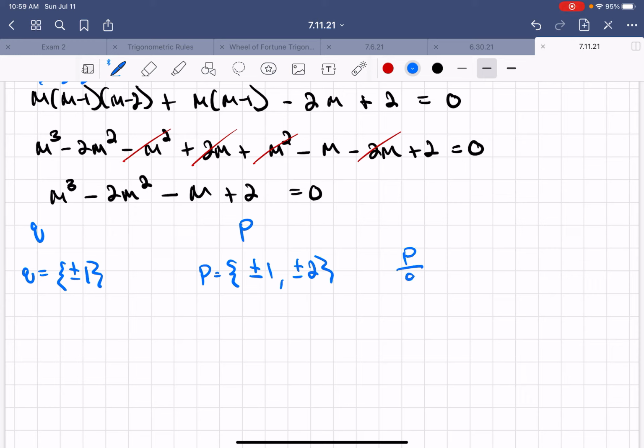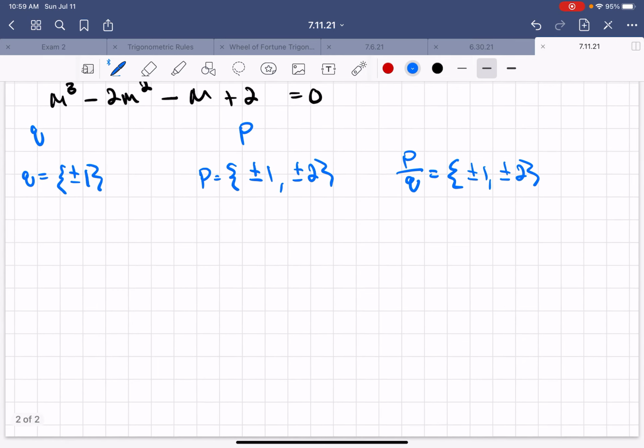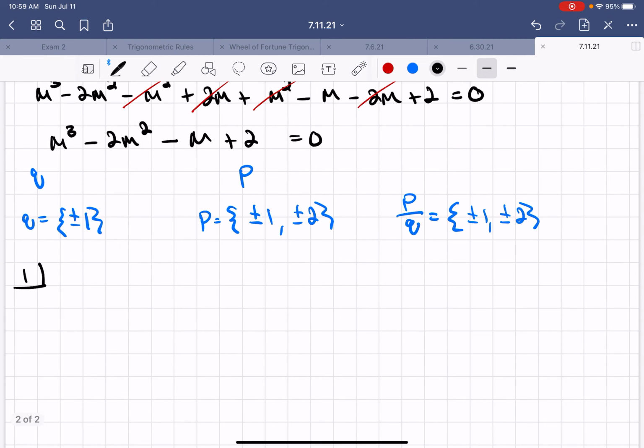Now we set P over Q, and we solve with synthetic division. We'll first start out with positive 1, and then we have 3 other options, which are negative 1, positive 2, and negative 2. So we're going to set 1, negative 2, negative 1, and 2.